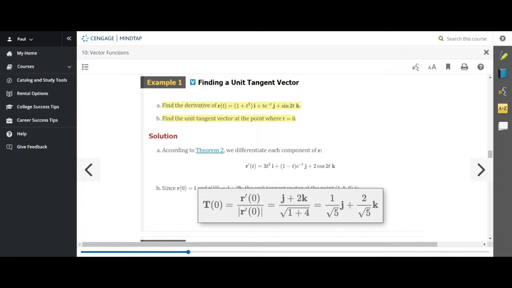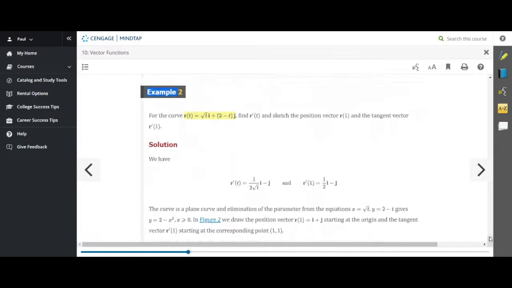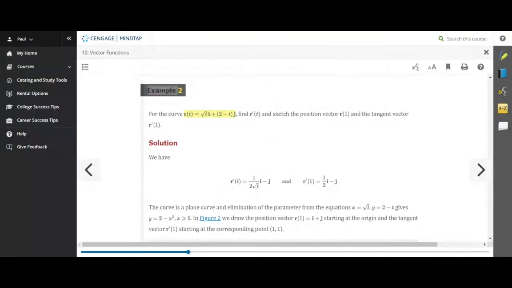Okay, well then let's move on here. Example 2, they have a space curve. It's a planar curve because there's just components i and j. So they want you, for r of t equals square root of t i plus 2 minus t j, to find the derivative vector and sketch the position vector and the tangent vector at t equals 1.